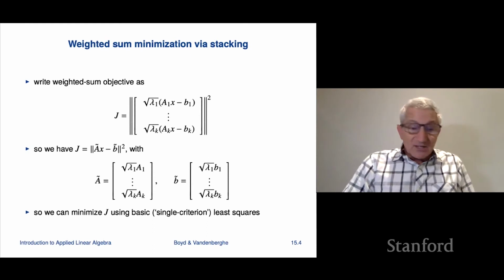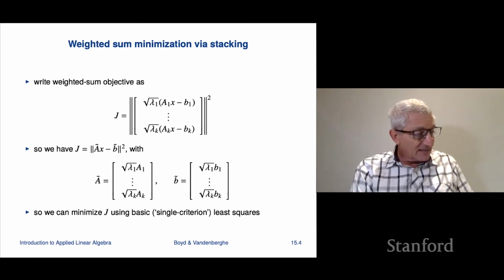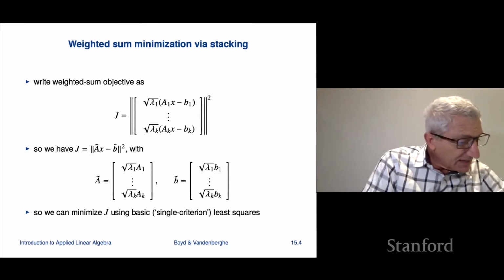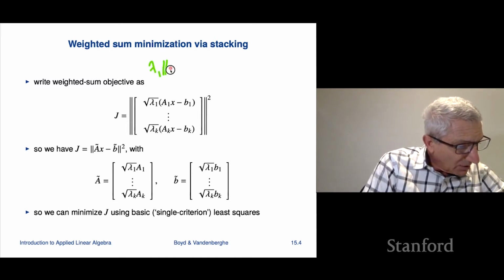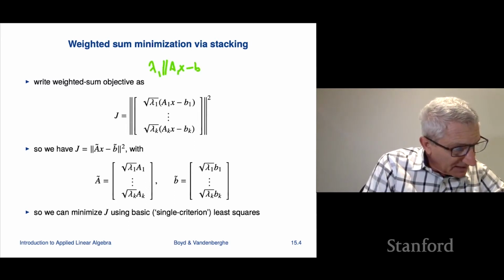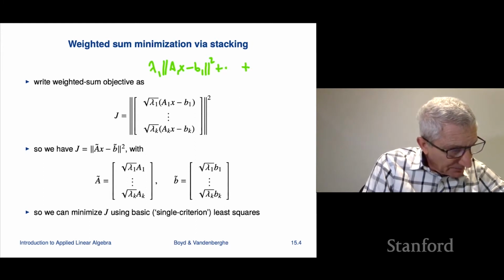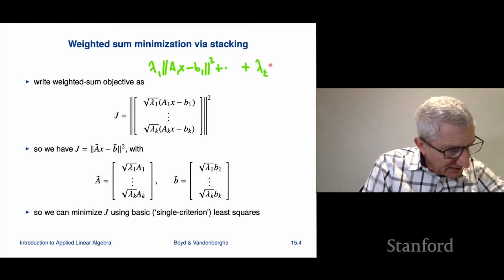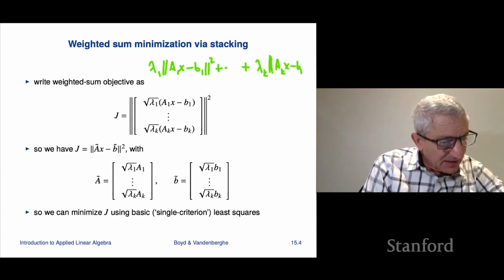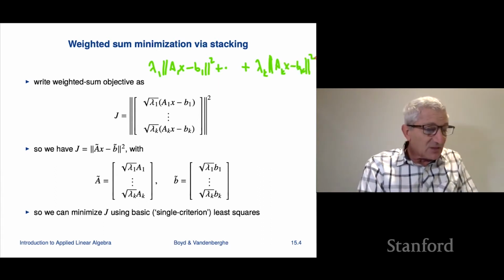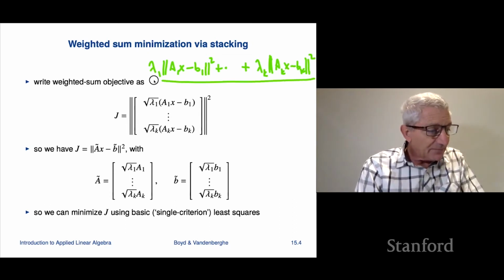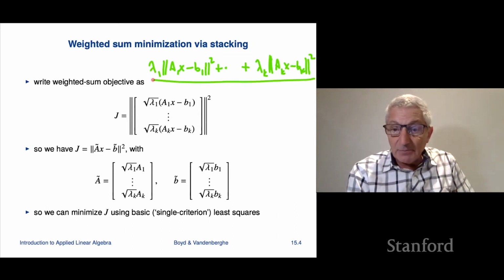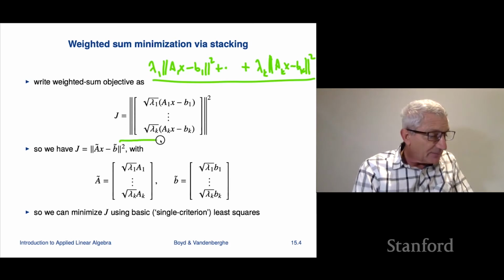We're going to write that objective as this: lambda 1 norm a1x minus b1 squared plus, and then the last one, lambda k times norm akx minus bk squared. That's J here, and it turns out we can write J this way.